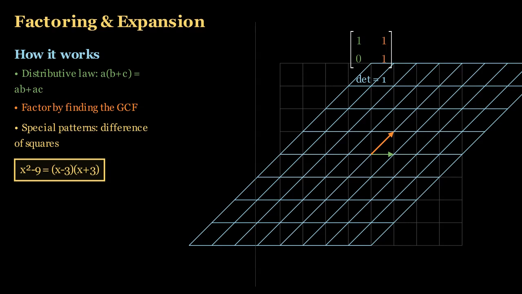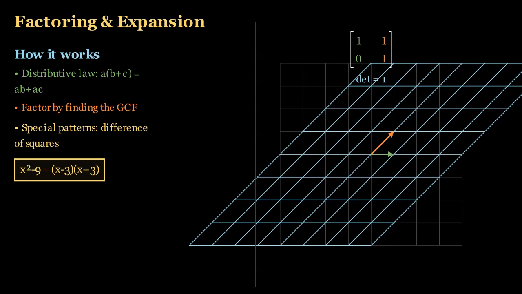Let's use factoring to solve a classic calculus problem. Suppose you need the limit of x squared minus 4 over x minus 2 as x approaches 2. If you just plug in 2, you get 0 over 0, which is undefined. But look at the numerator, it's a difference of squares.